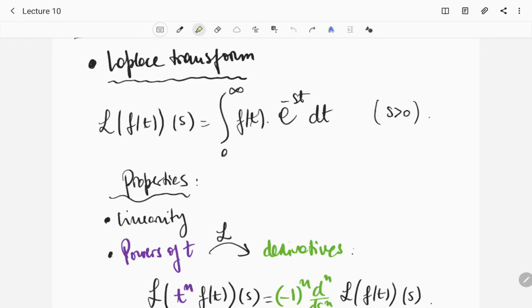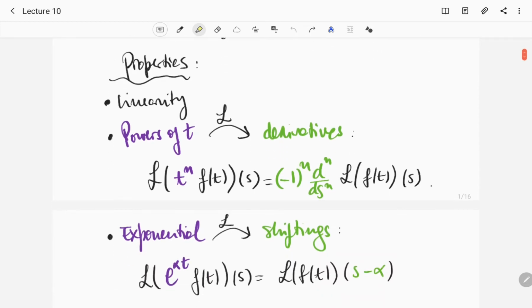Okay, some properties. We have linearity of this Laplace transform. We have this other property that powers of t go to derivatives in some sense.